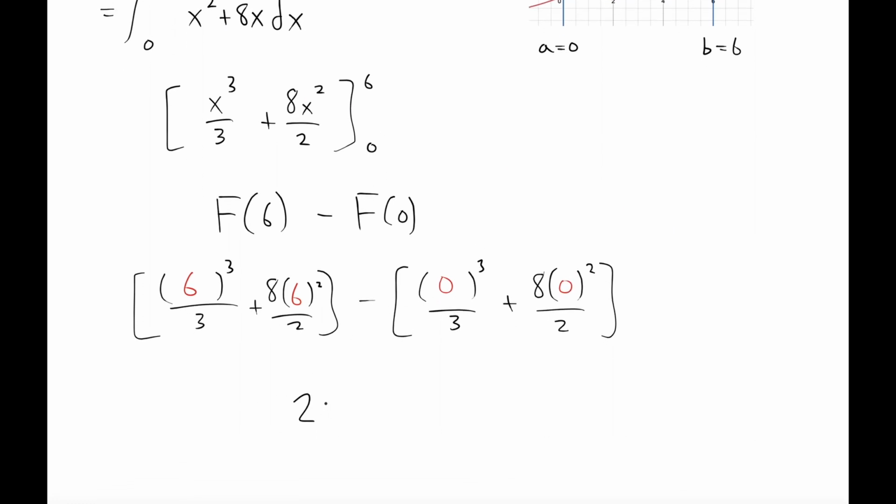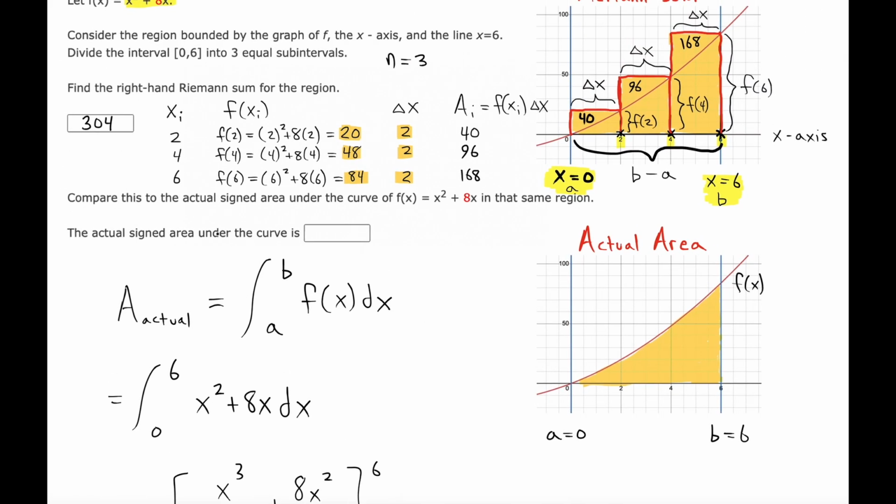I get 216 units. And it makes sense that the right-hand sum would be a little bit of an overestimate of the true area, which apparently is 216.